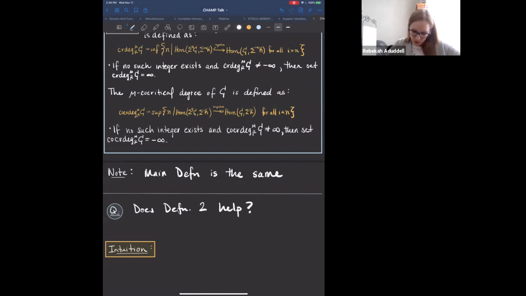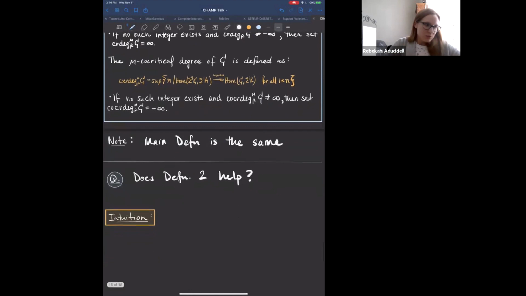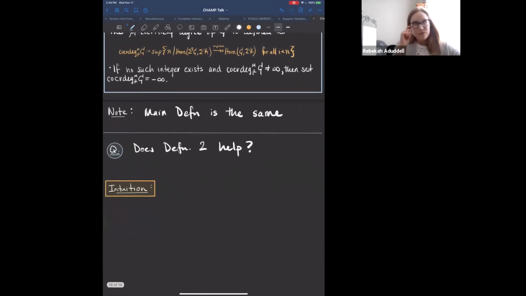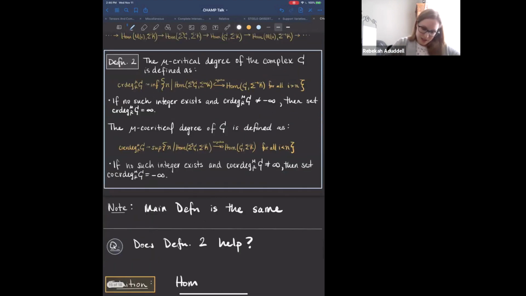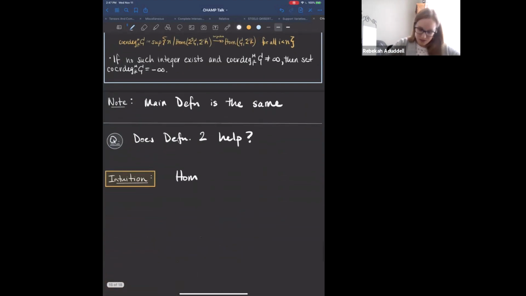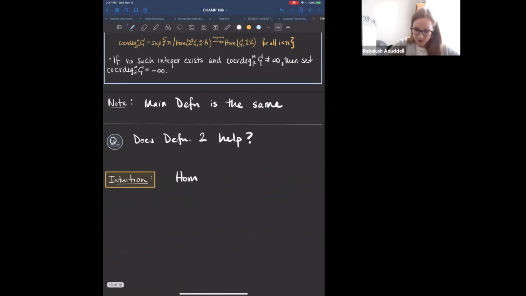Basically, the key idea here is these Homs. I didn't really write it in the definition, but the Hom is with respect to the homotopy category. I'm going to write it as the notation for the homotopy category because KTAC is kind of long. That's how we're viewing these Homs.